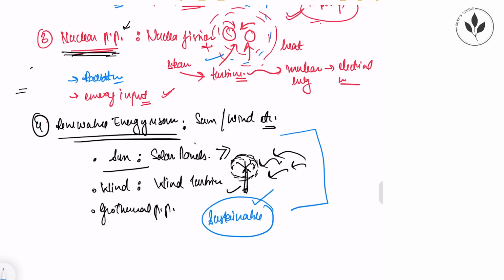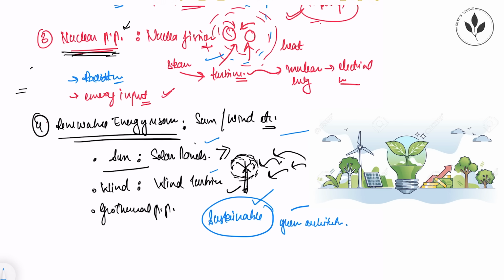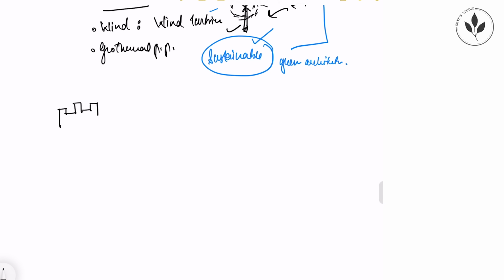And in today's world, in the 21st century, we always try to promote solar panels and turbines wherever possible, because this will help in promoting green architecture and harming the nature as little as possible, and it will help us lead a sustainable life.